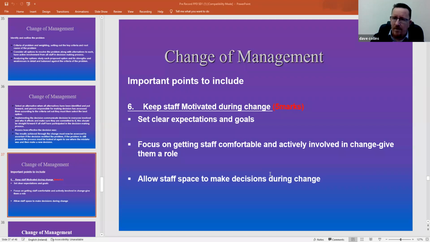If they're involved in it, they're more open to making it happen, for it to succeed. And again, allow staff space to make the decisions during the change, because remember, this is all new to them. What they've been doing for the last 2 years, 5 years, 10 years, 20 years, it's about to change.